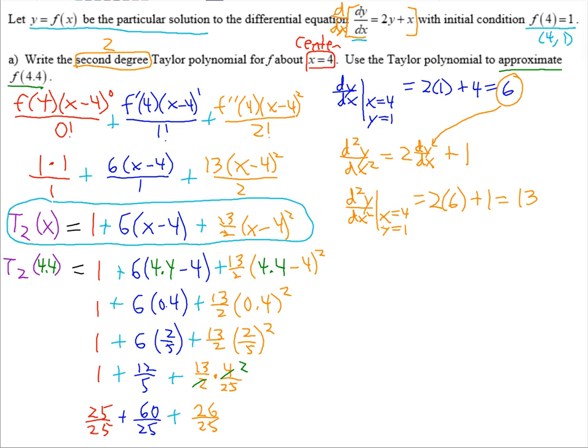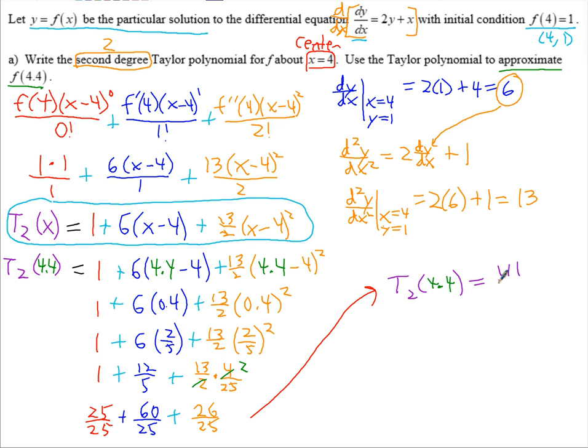So we get T2 of 4.4 equals, see, 20 plus 20 is 40, plus 60 is 100, 5 plus 6 is 11, so that's 111 over 25.